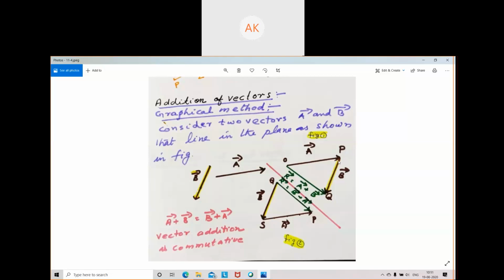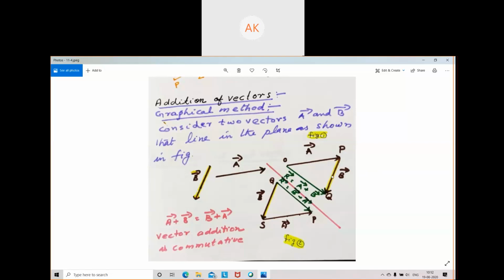What direction? You cannot draw upwards, you cannot draw towards right, you cannot draw towards left, but you have to draw a line parallel to vector B. That is very important. At the tip of vector A, the tail of vector B is kept, and then you draw a 4 centimeter length vector parallel to B.